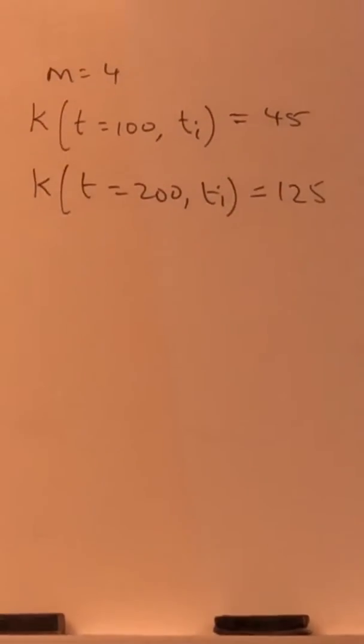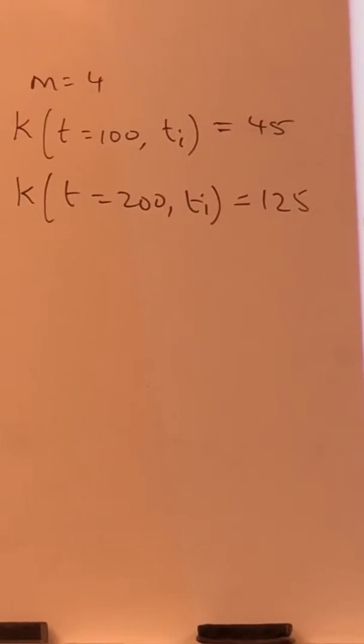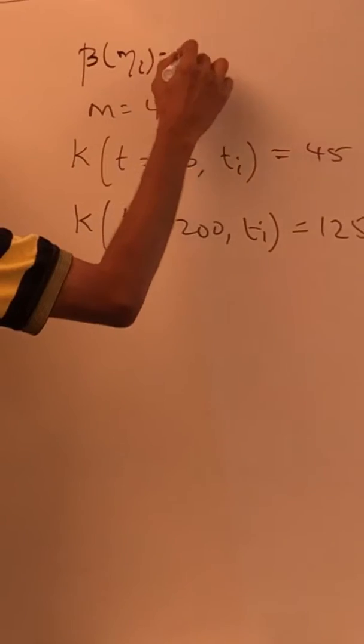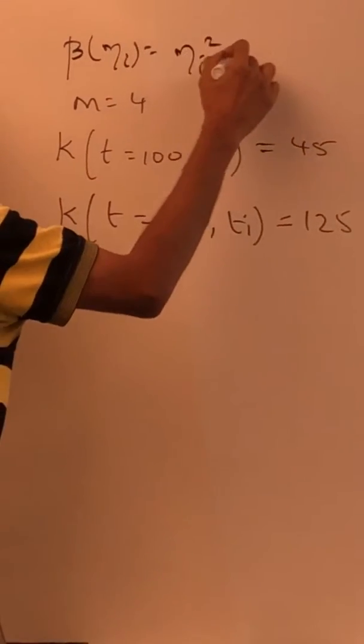So this is what is given. You're also given the function beta of eta I is eta I square plus eta I.